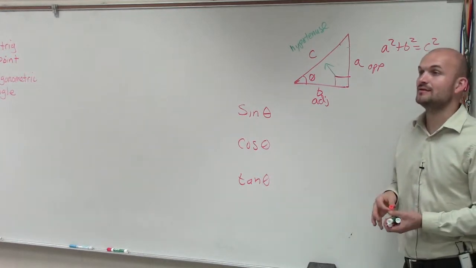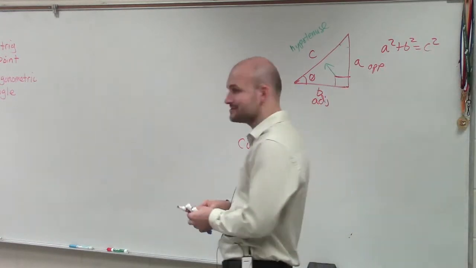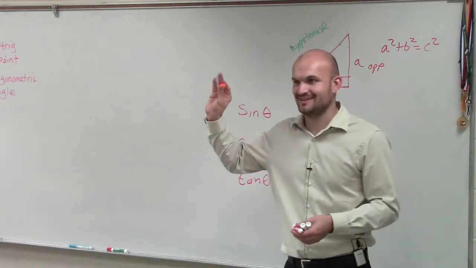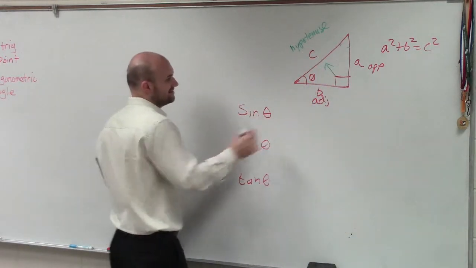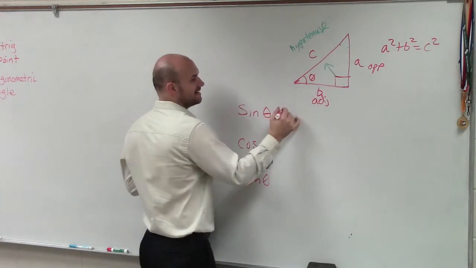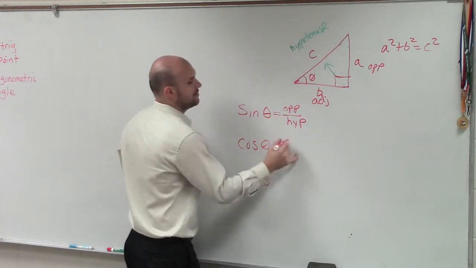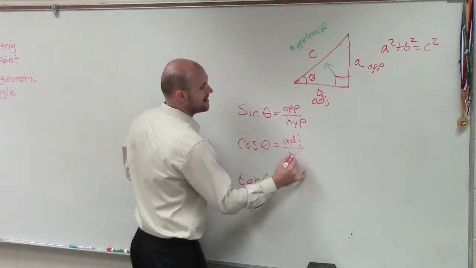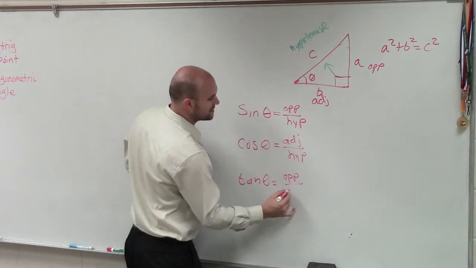Brittany, cosine? Adjacent over hypotenuse. Tangent. Anybody? Yeah? Opposite over adjacent. There we go. So sine is opposite over hypotenuse. Cosine is adjacent over hypotenuse. And tangent is opposite over adjacent.